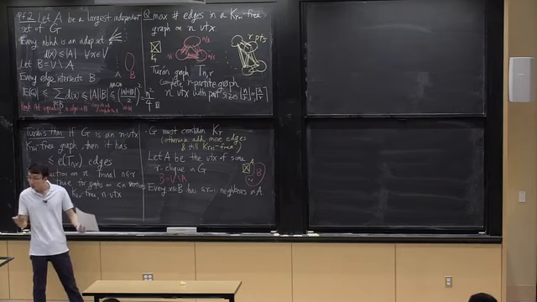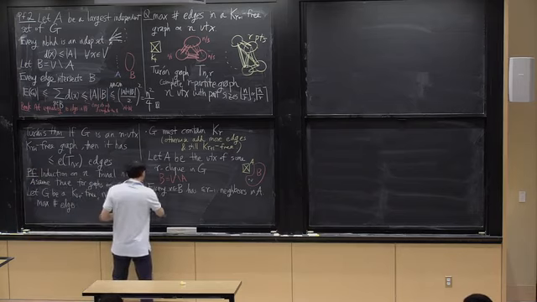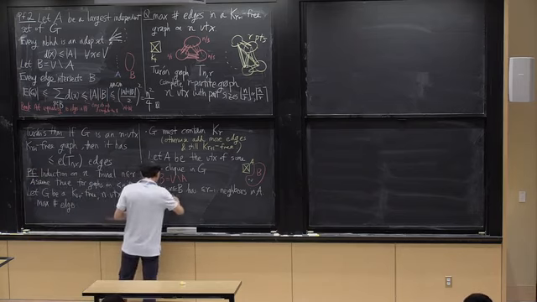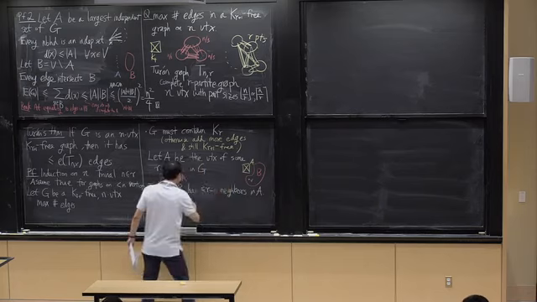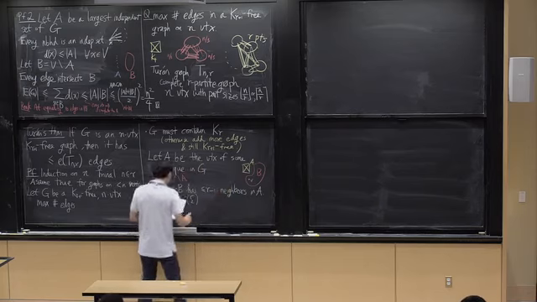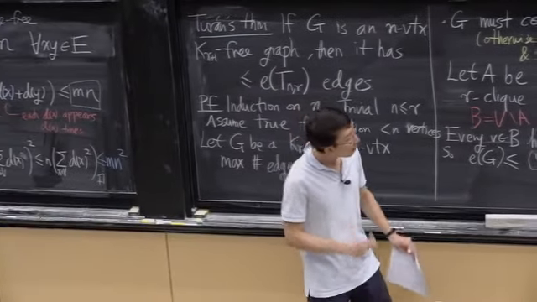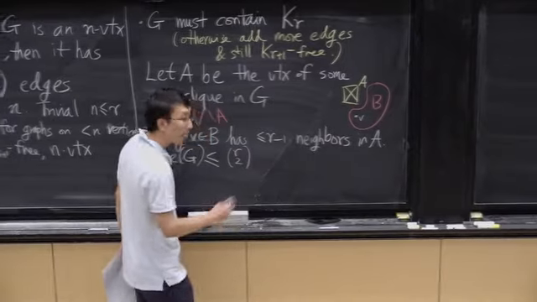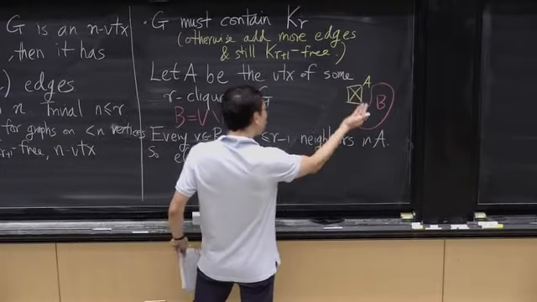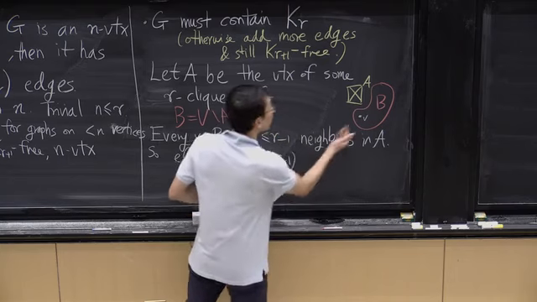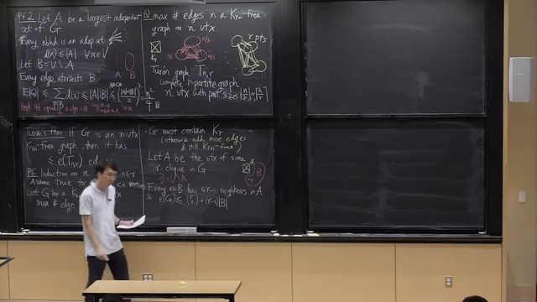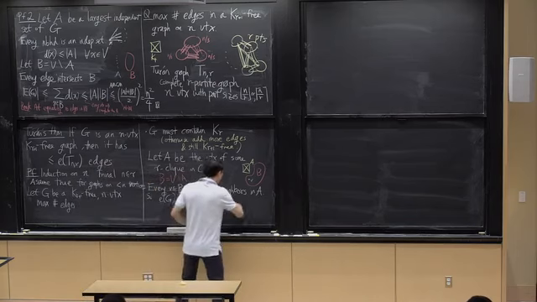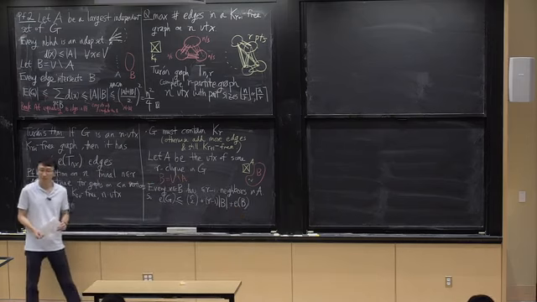So let's count all the edges. The number of edges in G is at most, well, first we should account for the edges inside A, and there are r choose 2 of them. And then the edges between A and B. For every vertex in B, there are at most r-1 edges going to A. And finally, the edge set of B. Okay.